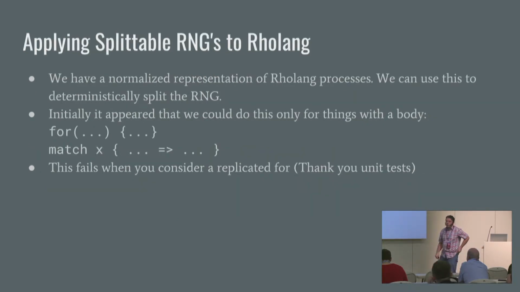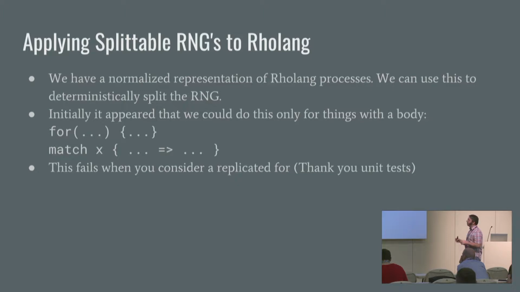We took advantage of the fact that Rholang terms have a normalized representation, including sorting. Even if the order in which each piece runs is not determined, we can assign each piece a split of the random number generator in a deterministic way. So we can have non-deterministic ordering with deterministic splitting.